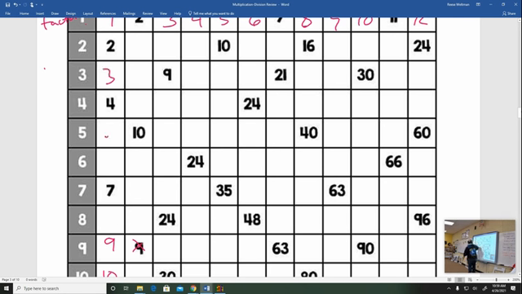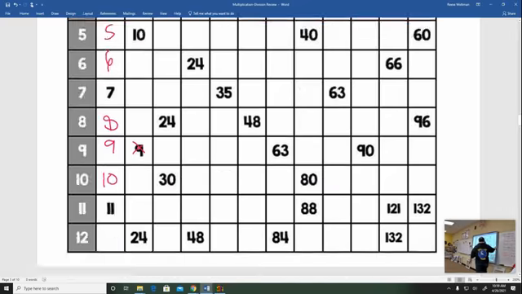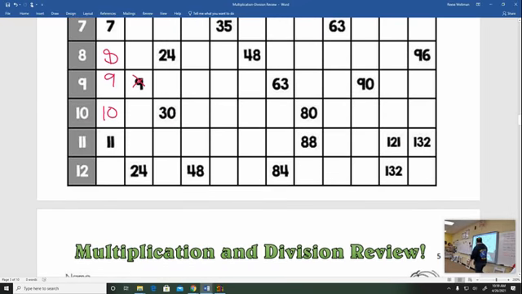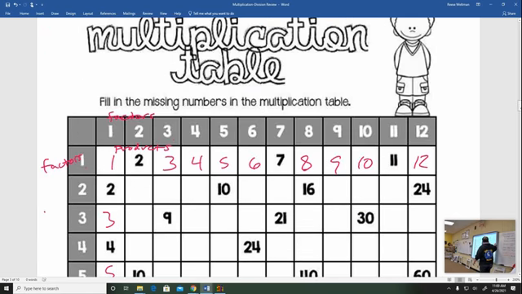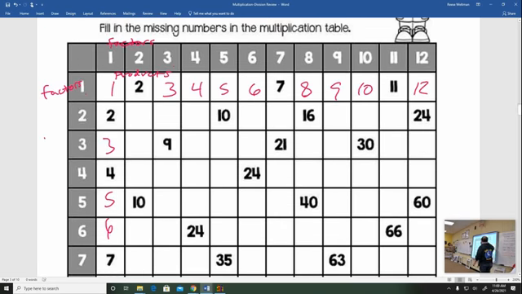1, 2, 3, 4, 5, 6, 7, 8, 9, 10, 11, and 12. Now you've got those established. The next easiest one would be the 2s. And you do the same thing: 2s across in the row and 2s down in the column. Jack. Can I do the 3s? You can. Let's do the 2s first. Who's doing my 2s for me?